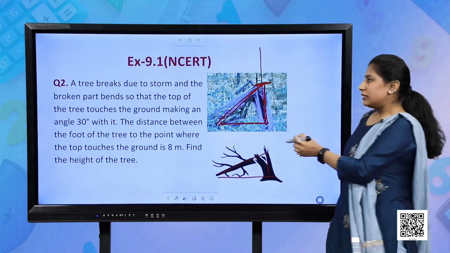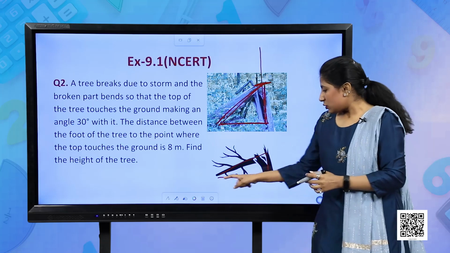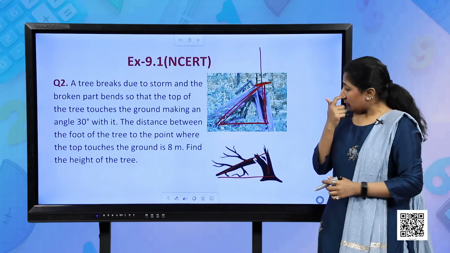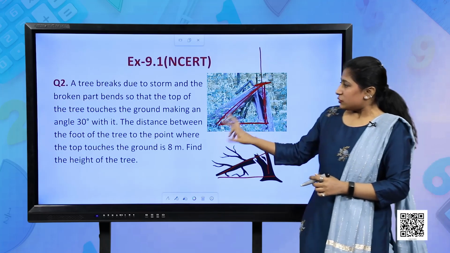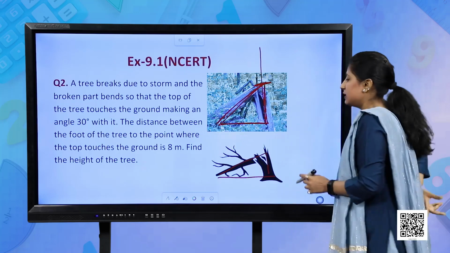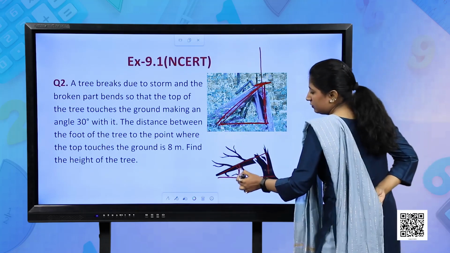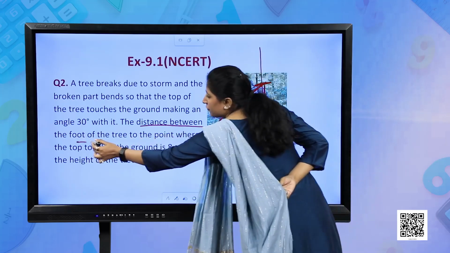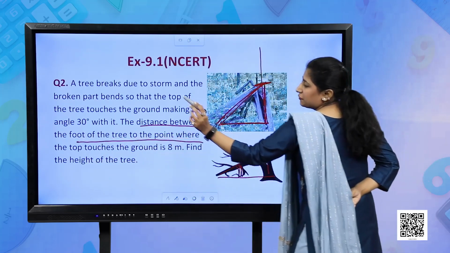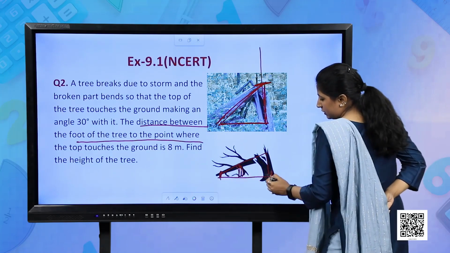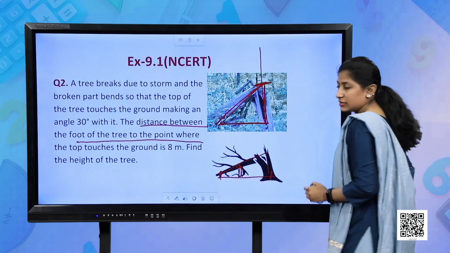This is the broken tree problem where the broken tree forms a triangle with the ground. Okay. So, we are given two things, that the ground making an angle 30 degree. See, this angle we are given, the distance between foot of the tree to the point where the top touches the ground, which means the distance between these 2 points is 8.